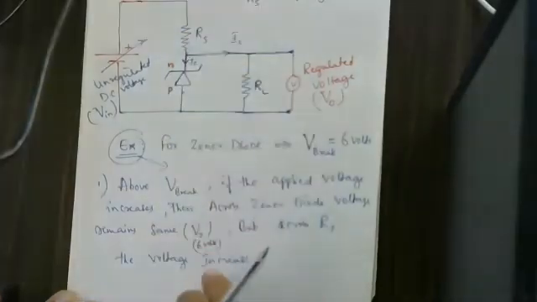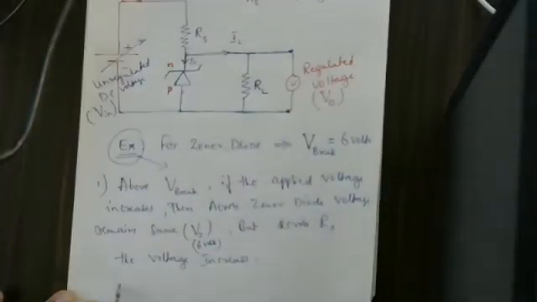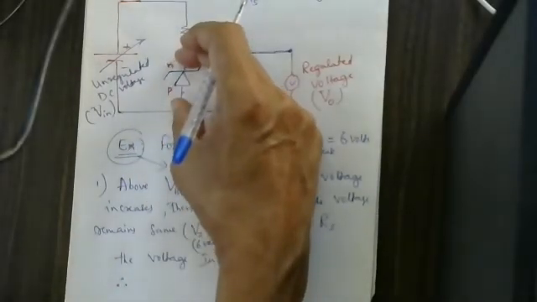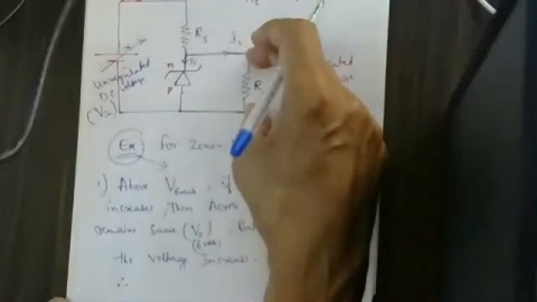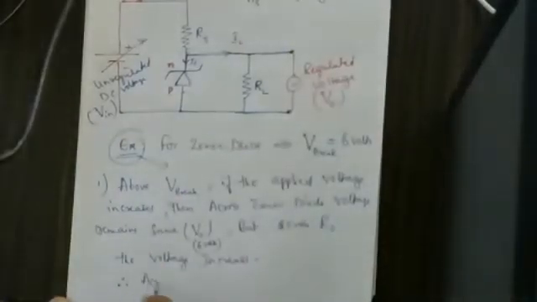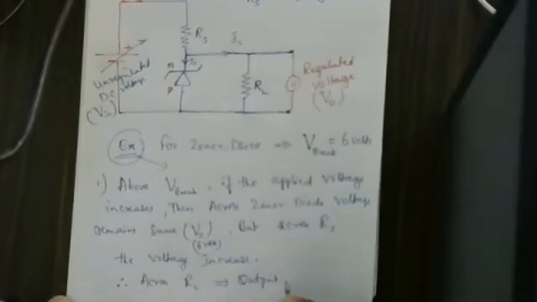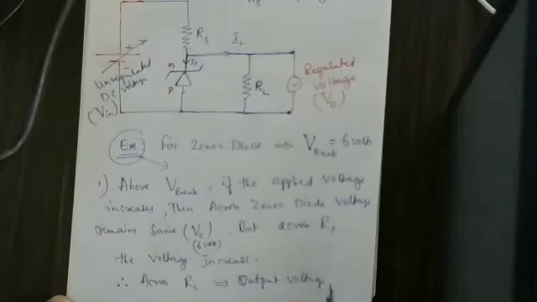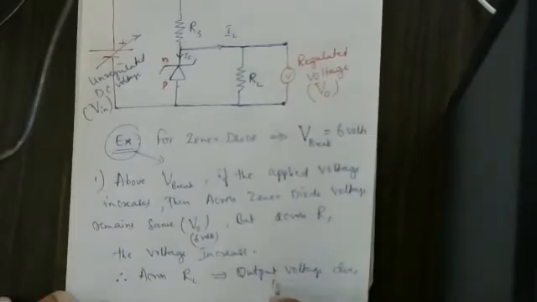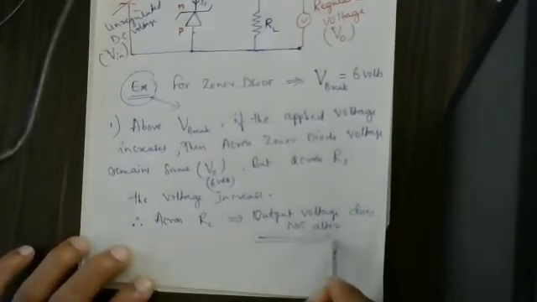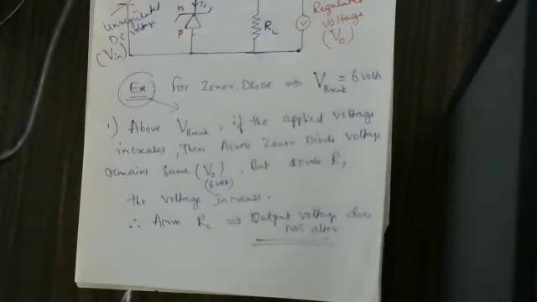Across Zener, voltage remains same. Therefore, across RL also voltage remains same. Therefore, across RL, the output voltage does not alter. Does not alter means it remains same. This is voltage regulator. This is point number 1.